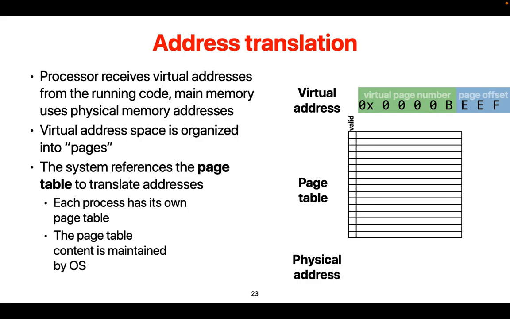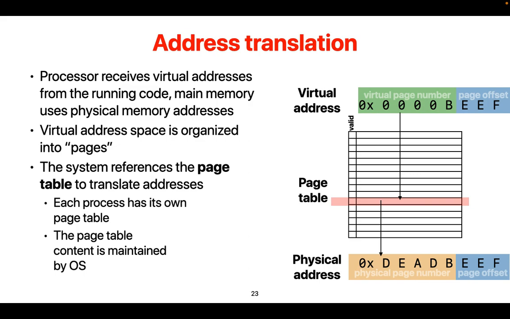We use the virtual page number as the index to look up the page table. For example, now I have 0B as the page number, which tells me that I should go to the 11th entry in this page table. When I go to the 11th entry, I will find its physical page number stored inside this entry. Then I concatenate that physical page number with my page offset, and that gives me the exact physical address that I need to access to find my data.